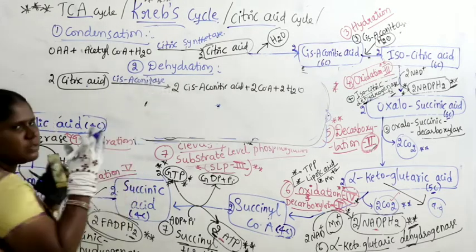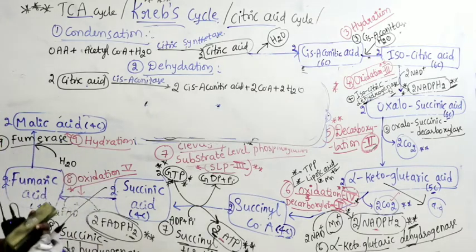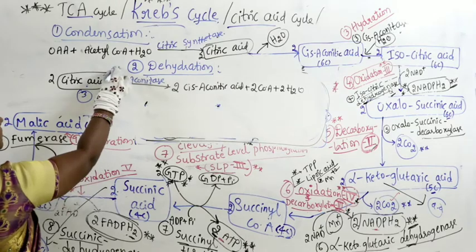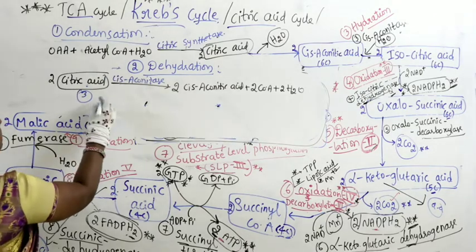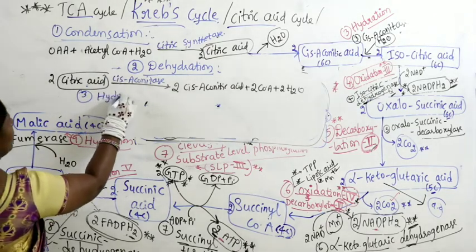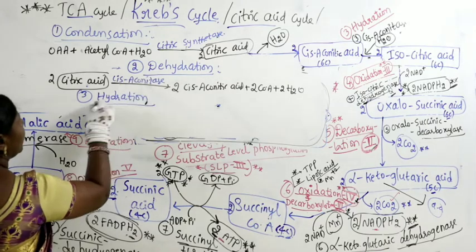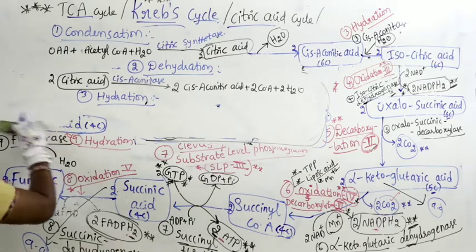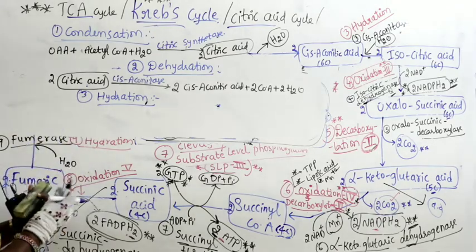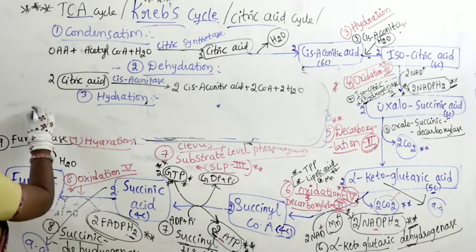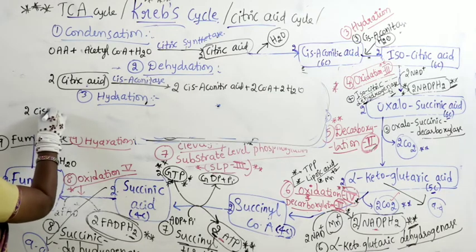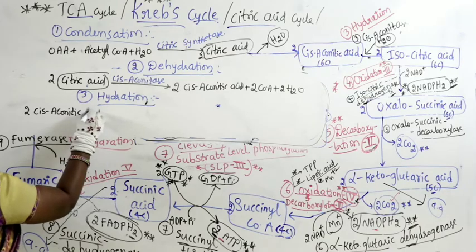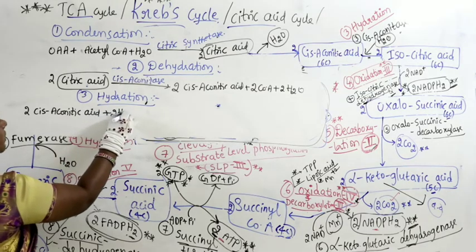Start writing the reaction. Split the cycle into reactions. Next one, what is the third reaction? This is the second one, this is the first. The third reaction is hydration. Again, water is added. In the third reaction, we write 2 molecules of cis aconitic acid plus 2 molecules of water.